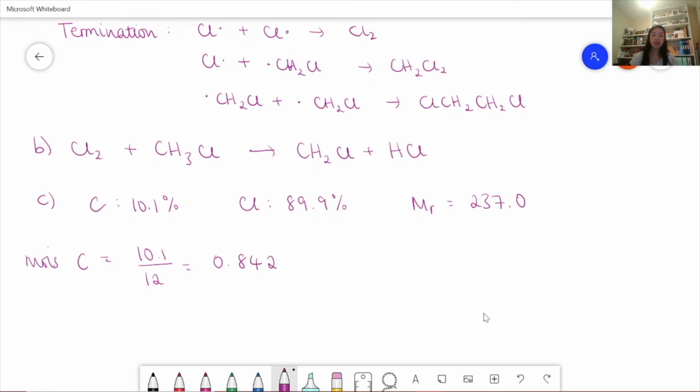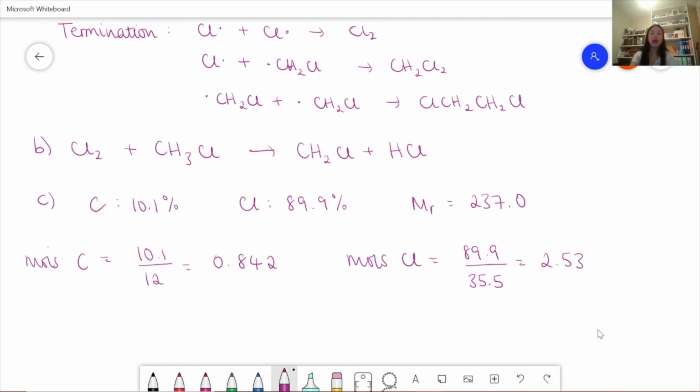And then we work out the moles of chlorine, which is 89.9 divided by 35.5, the relative atomic mass of chlorine, and this gives us 2.53.